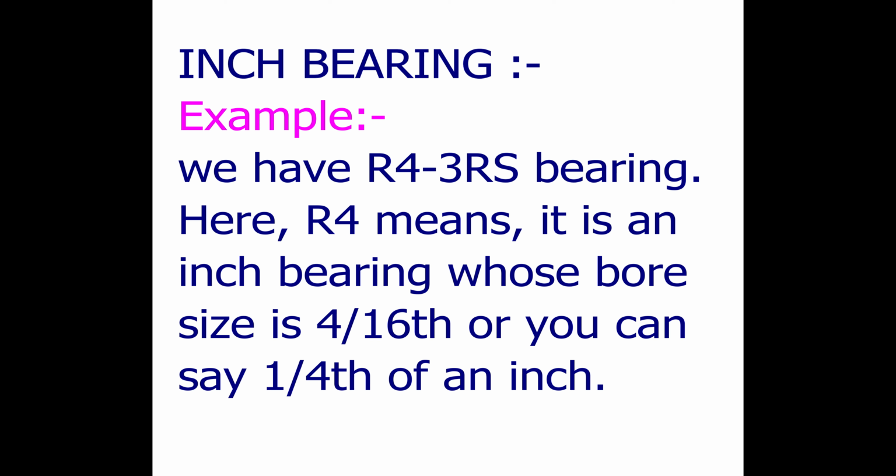To understand it better, let's take an example of an inch bearing. Suppose we have R4 3RS bearing. Here R4 means it is an inch bearing whose bore size is 4/16, or you can say 1/4 of an inch.